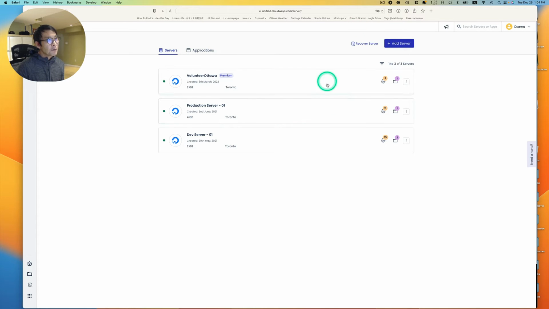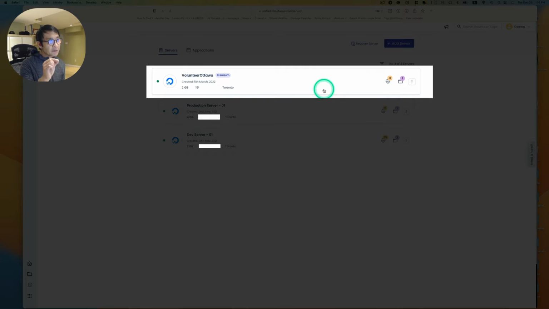So I can share my screenshot here. Now I have 3 servers here, and as you can see, this is Volunteer Ottawa, the volunteer management website. We purchased a dedicated server specifically for this project. I have only 3 applications, which is 3 installations. One is the live public website, another is the staging website, and one is just a small microsite I'm hosting.